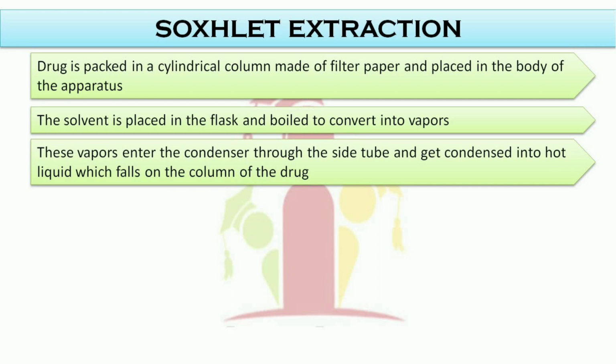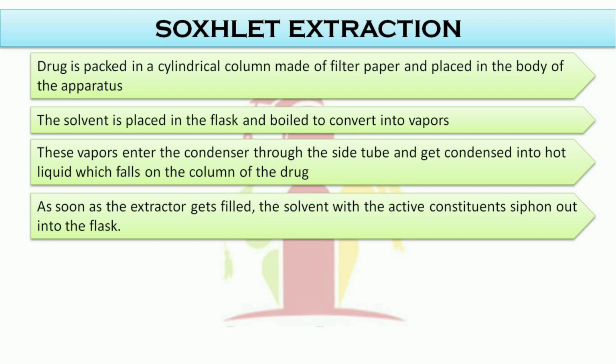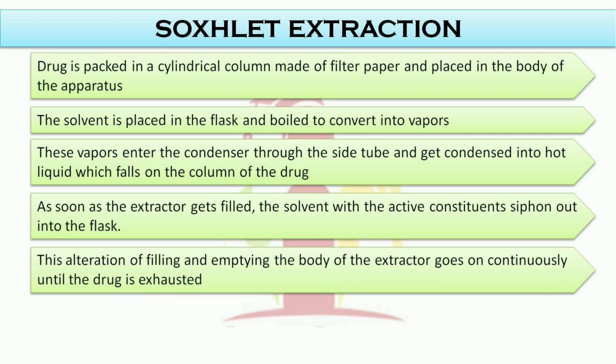These vapors enter the condenser through the side tube and get condensed into hot liquid which falls on the column of the drug. As soon as the extractor gets filled, the solvent with active constituents siphons out into the flask. This alternation of filling and emptying the body of the extractor goes on continuously until the drug is exhausted.